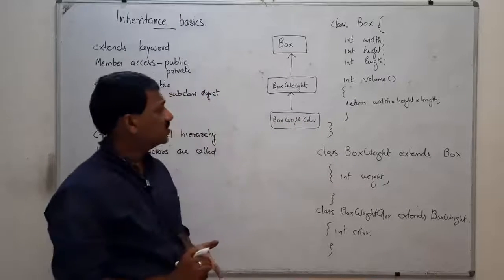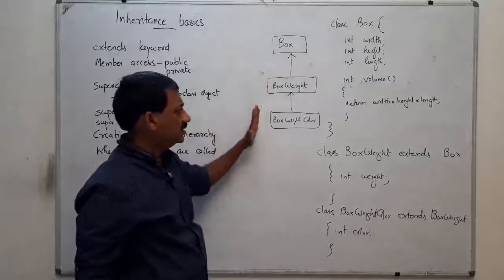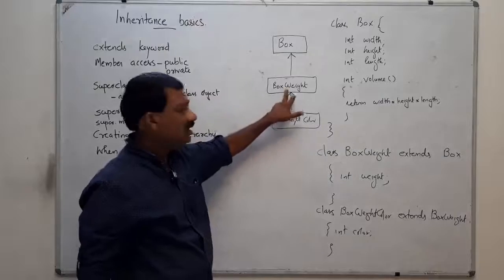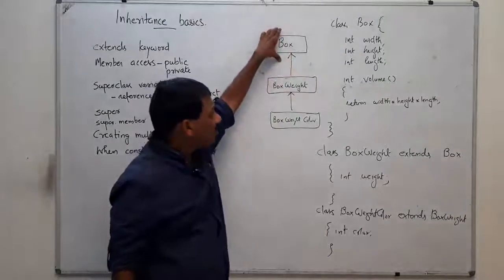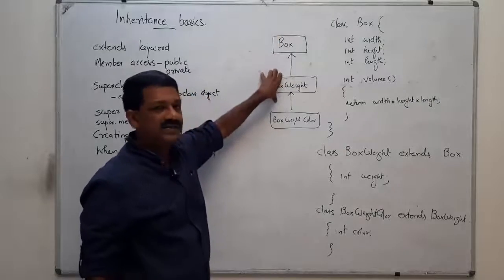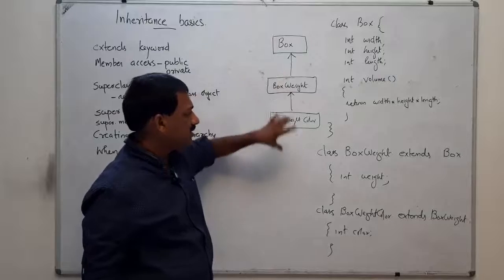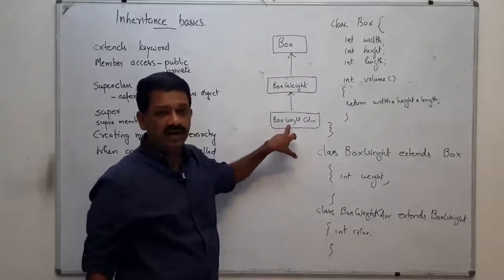So this is the base class, this is the subclass, and this is another subclass. This inherits all the properties of box, plus some additional features for box weight, and all the properties of box weight plus some more features for box weight color.